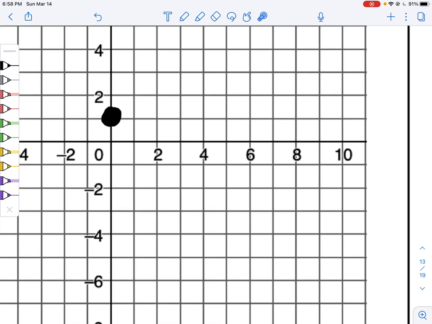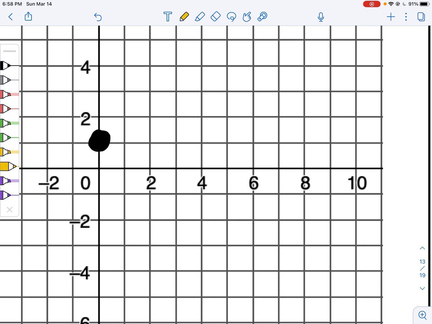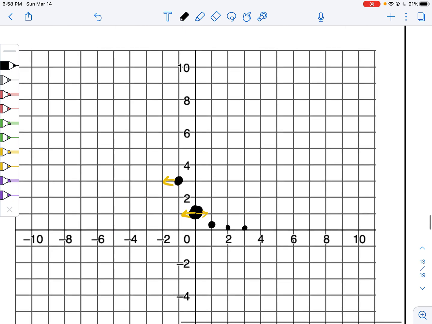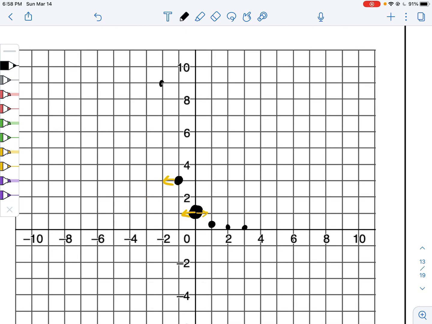So as we go over 1, we multiply times 1/3, which is 1/3. And we go over 1 to get 1/9, 1/27. Ugh, let's go backwards. So we go back 1, divide by 1/3, which is the same thing as multiply by 3. And then divide by 1/3 is the same thing as multiply by 3. 3 times 3 is 9.